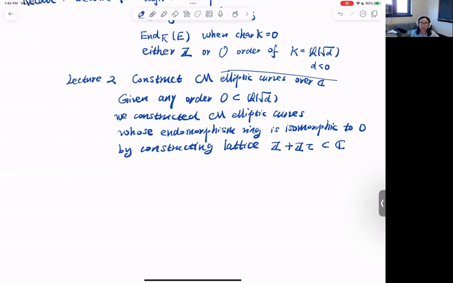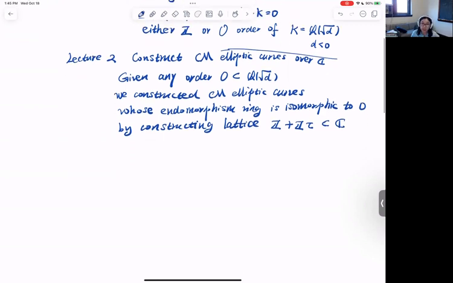Right. So we discussed that given any imaginary quadratic field and any order in that field, we could construct a set of CM curves whose endomorphism ring is exactly isomorphic to that order. And the construction is essentially to take this order and construct a proper fractional ideal of this order.